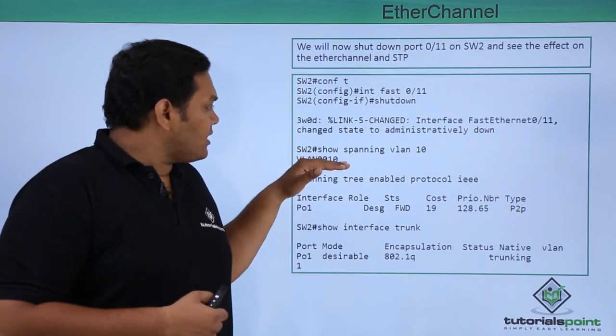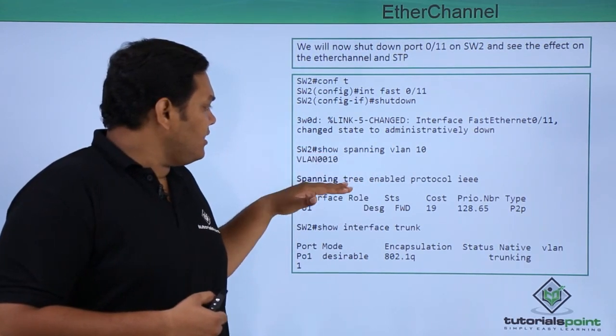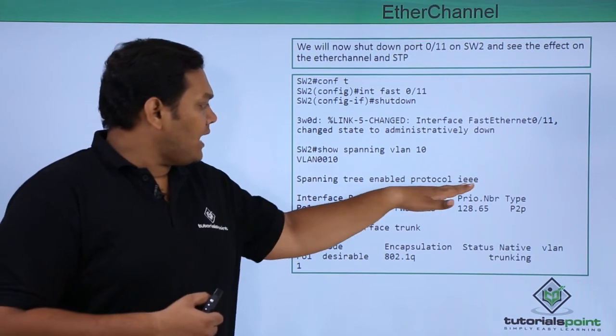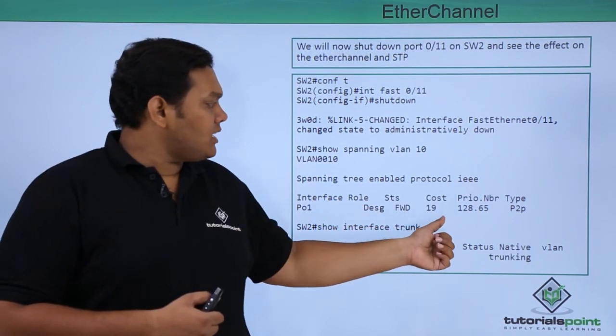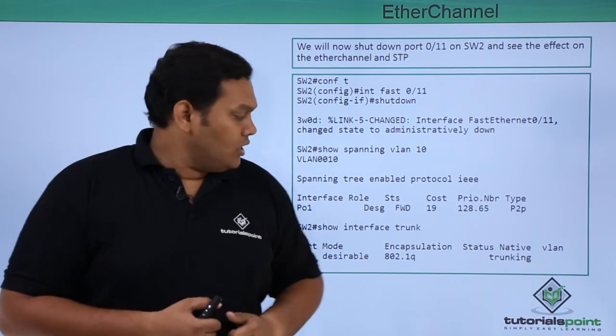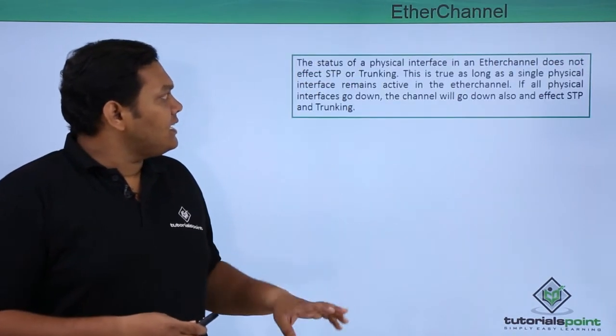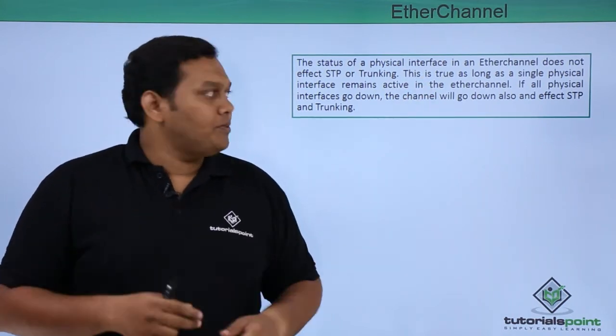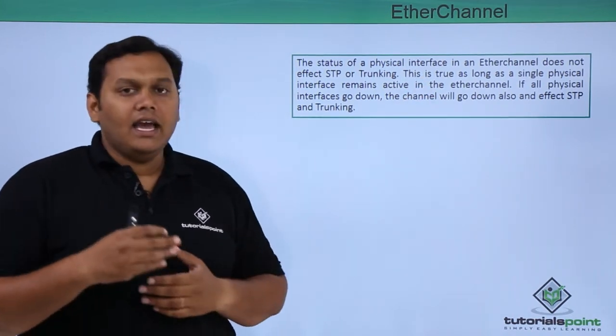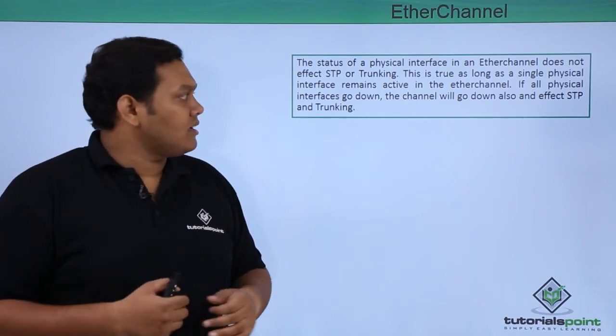When you enter the command show spanning-tree VLAN 10, it shows spanning tree enabled protocol IEEE, and Po1 is designated and forwarding, with the cost and priority. That clearly shows that the status of a physical interface in the Ethernet channel does not change STP or trunking, because there is an alternative link.